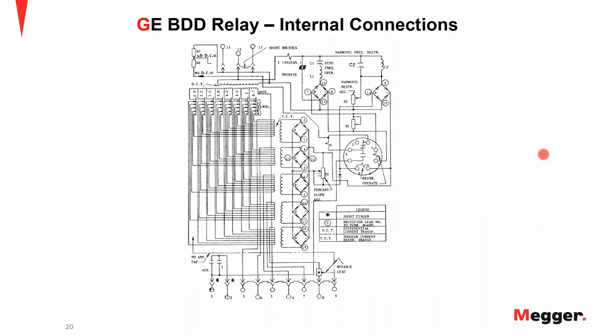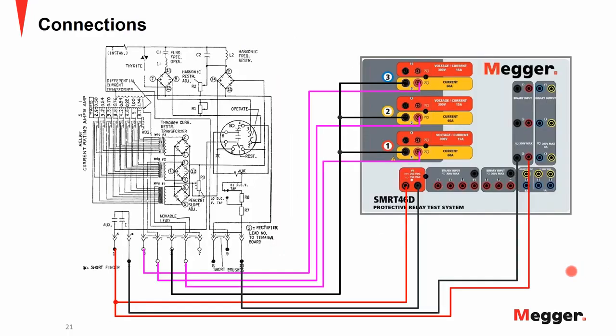The GE or the BDD relay, here is the diagram for the actual relay. It comes out of the manufacturer's IL, and this is what we're going to use to connect to. And here I am using the SMRT 46D unit. I'll let you guys sit on this for a minute. We are coming in with each individual winding.